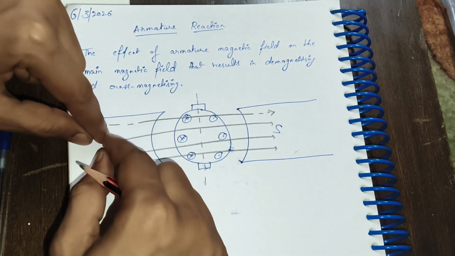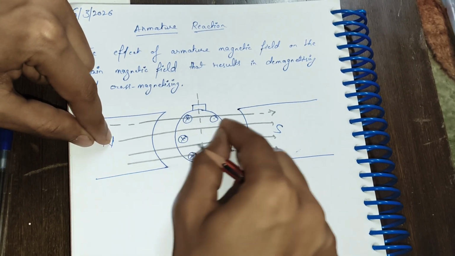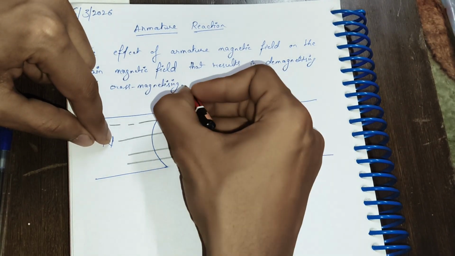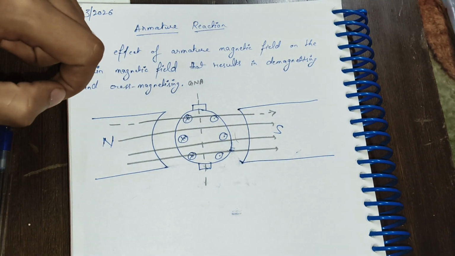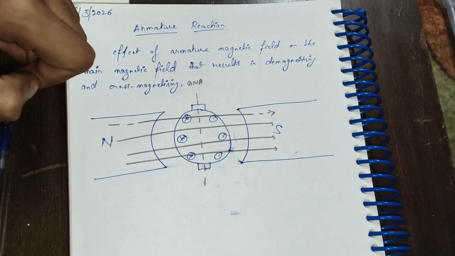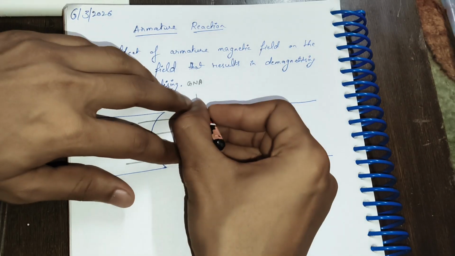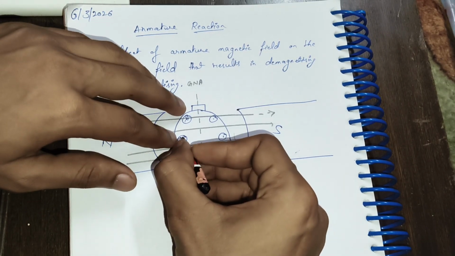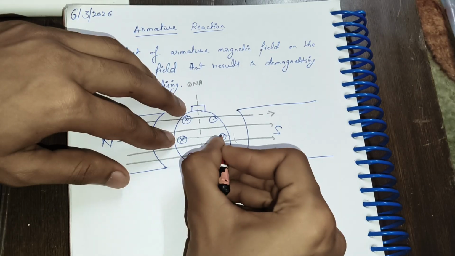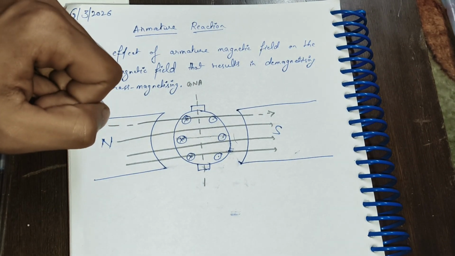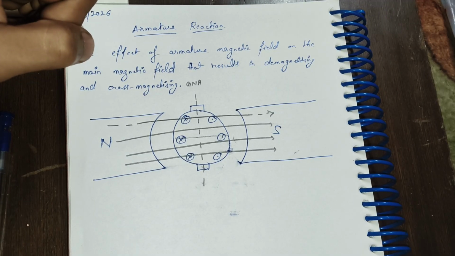Now, the perpendicular to the main magnetic field is known as GNA, Geometrical Neutral Axis, and the perpendicular to the magnetic field of rotor is known as MNA, Magnetically Neutral Axis.